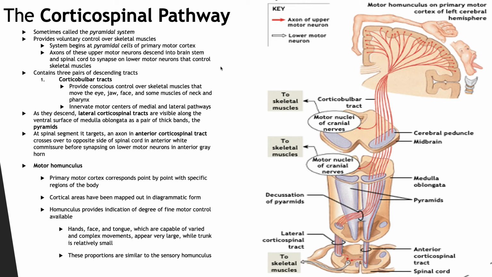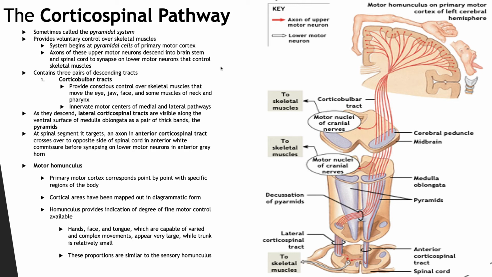The other 15% continue uncrossed into the spinal cord as the anterior corticospinal tracts. Then, at the spinal segment of its targets, an axon in the anterior corticospinal tract crosses over to the opposite side of the spinal cord in the anterior white commissure. The axon synapses on lower motor neurons in the anterior gray horns.